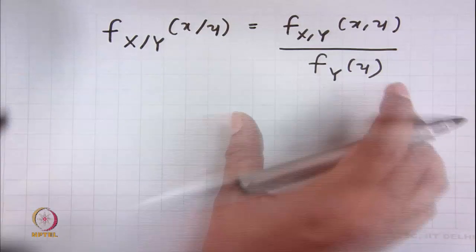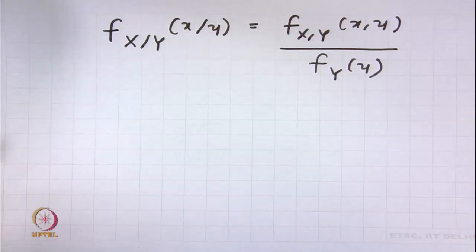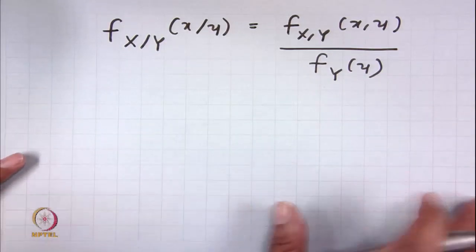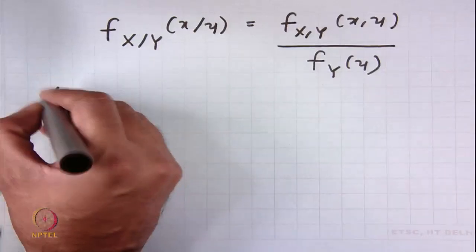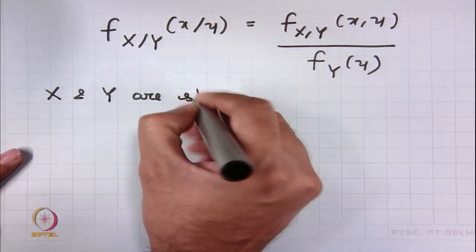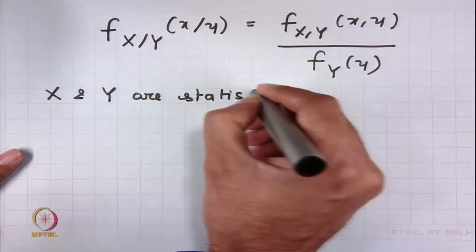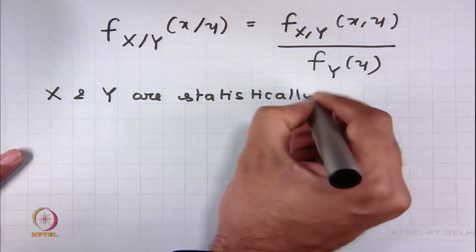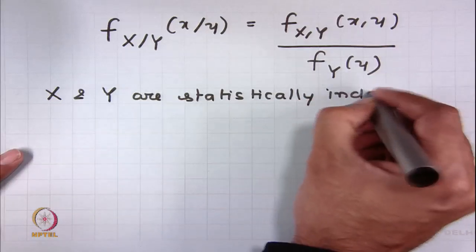Now, let us say that x and y are statistically independent random variables.